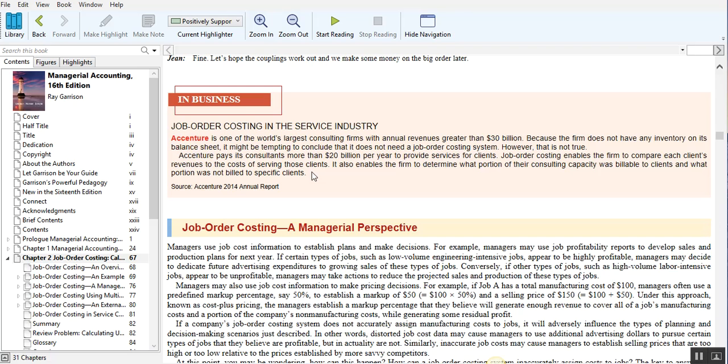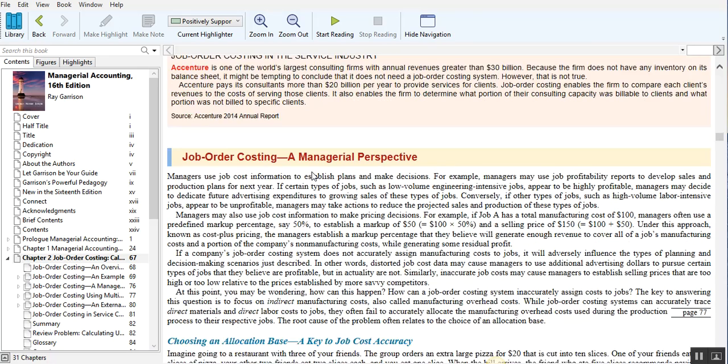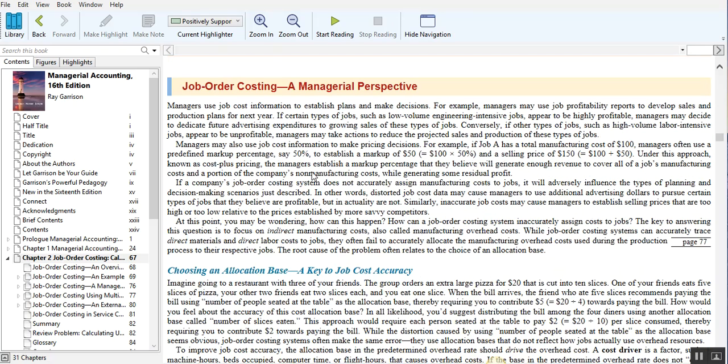Job order costing is also used in the service industry, and I mentioned this. Things like healthcare, and at Blue Cross, they were using it all the time to allocate costs to different product lines and insurance groups. And basically, job order costing helps determine what the allocation base should be.